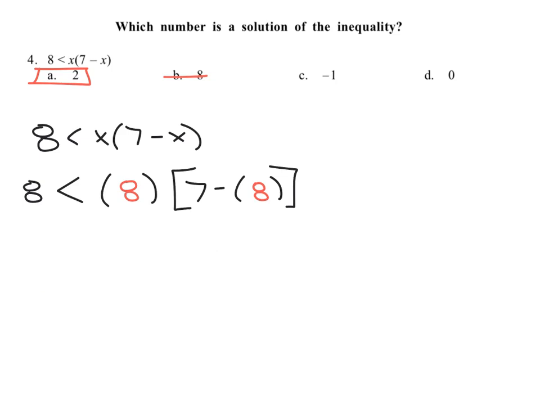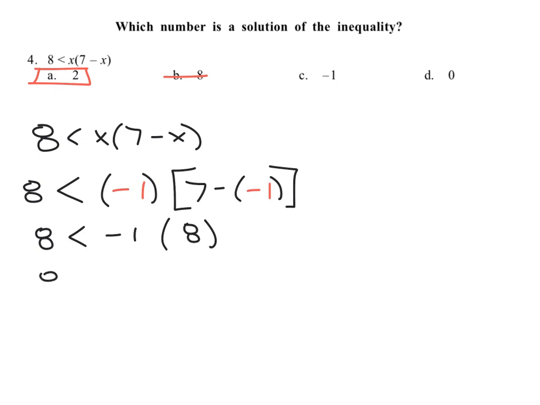Okay, plugging the rest of them in just to check. Because sometimes you find the right answer and that's great, but verifying that the other ones don't work is the best way to be sure that you pick the right one. Okay, so we'll go to negative 1. And when we calculate that out, we say 8 is less than negative 1 times 7 minus negative 1, which is the same as 7 plus 1, which is 8.